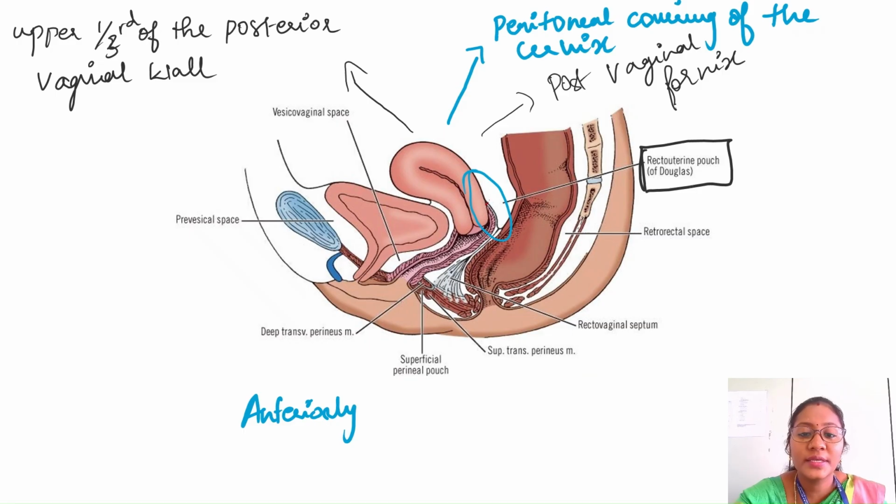In this picture we are discussing only the anterior covering part. In the anterior covering part, there is the upper 1/3 of the posterior vaginal wall, the posterior vaginal fornix, and then the posterior covering of the cervix. So this is the anterior structure of the recto-uterine pouch, that is, the pouch of Douglas.